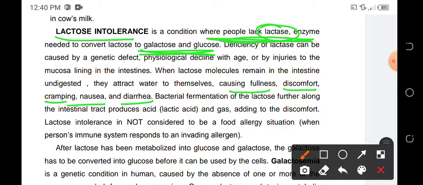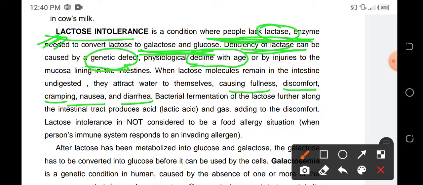Okay, so we have reasons why one person will suffer from lactose intolerance. It could either be because of the deficiency of lactase, and that could be caused by a genetic defect, so namamana. So lactase also declines with age.